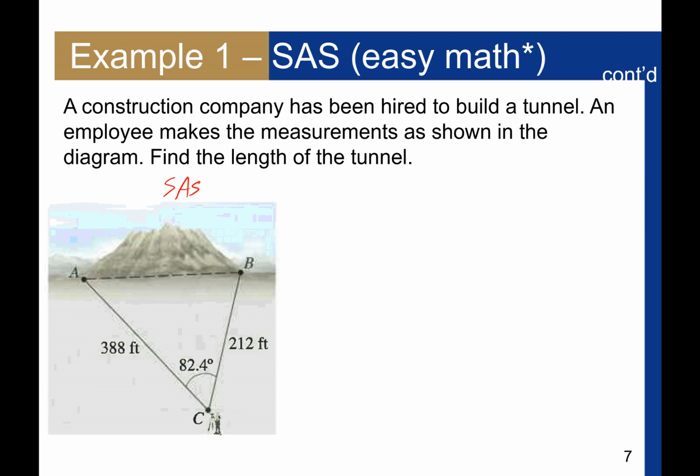We're going to use the law of cosines. We don't know the length of segment AB. We do know the measure of angle C. So we're going to use this specific version of our law of cosines.